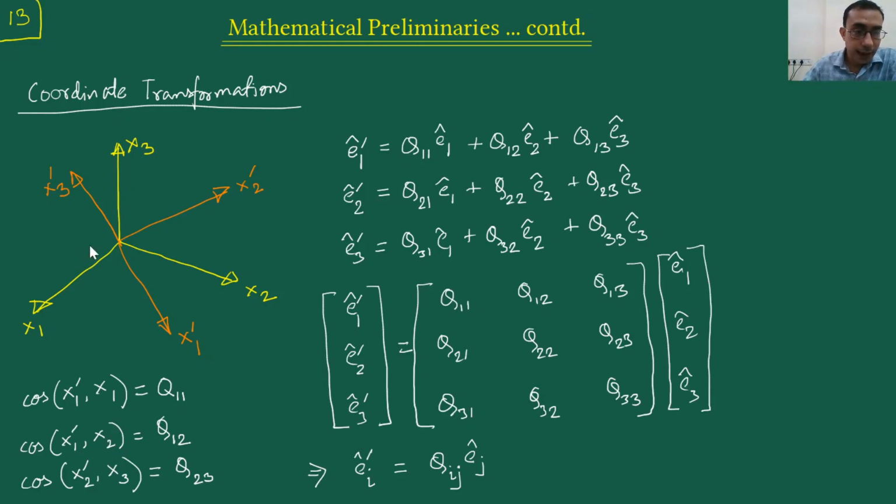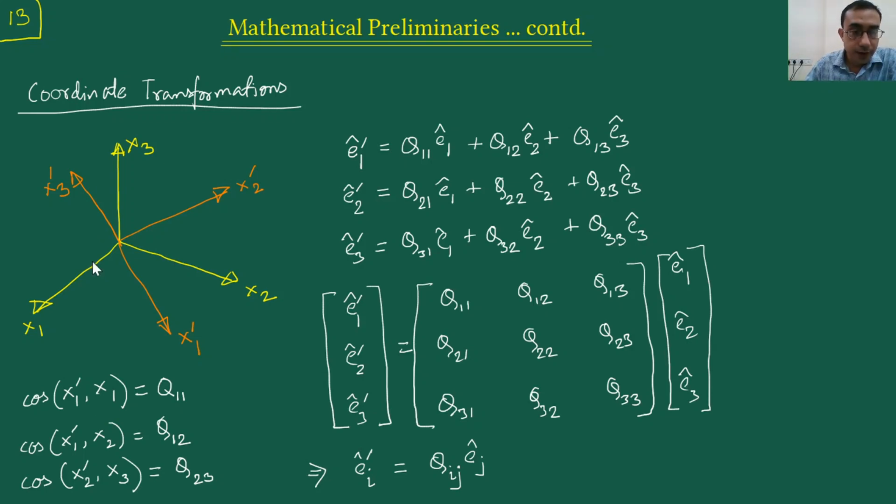We are talking about the angle that the x1 makes with x2 dash, or conversely the angle that x2 dash makes with x1. So if we go back to this convention of writing the q's, then the appropriate term that we are looking for is not the q12, rather it is the q21.